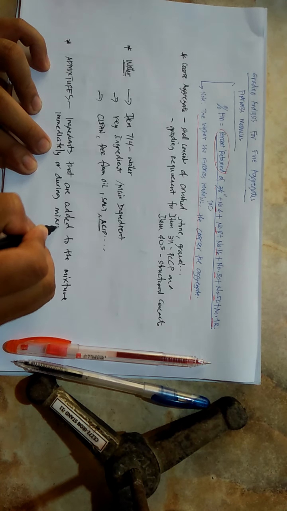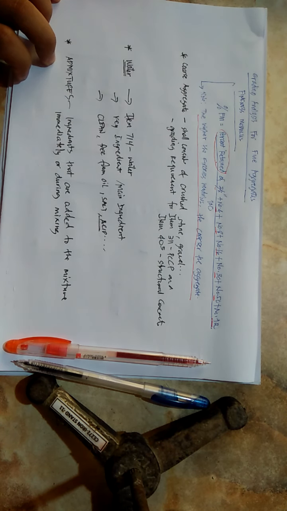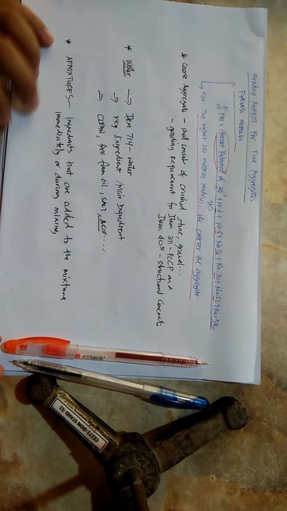Okay, what is the purpose of this one admixture? Ang admixture natin kasi, there are many types of admixture, whether that is accelerating admixture, that is retarding admixture, and so on. Ang admixtures kasi natin, ito yung nagpapatibay mismo dun sa konkreto. Dinadagdagan nila yung parang strength. Parang nagiging factor ito para mas ma-strengthen pa yung concrete natin.